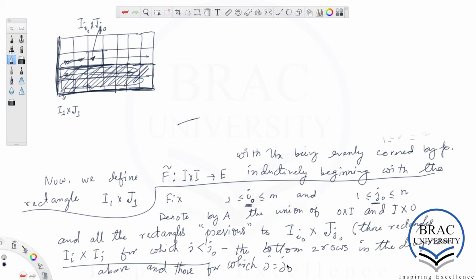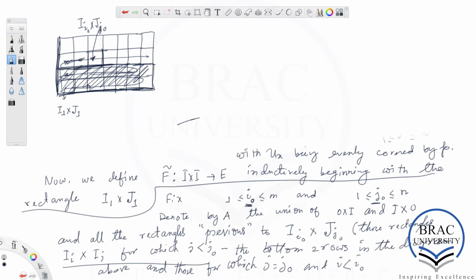So we fix one row, which is given by j equal to j sub 0, and we want i to be strictly less than i sub 0.